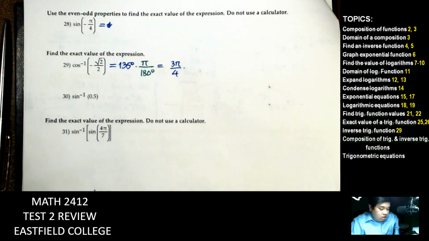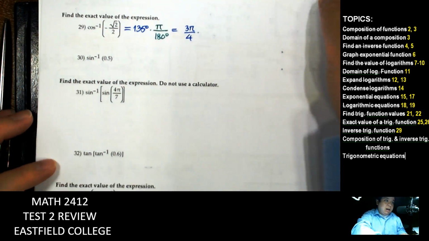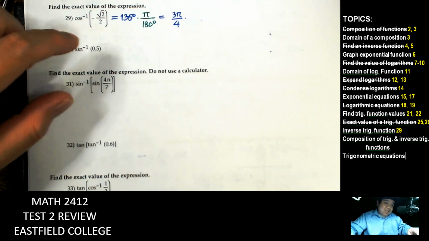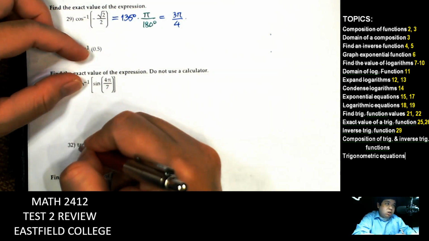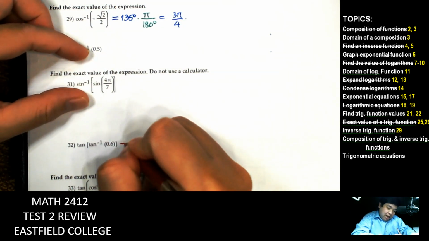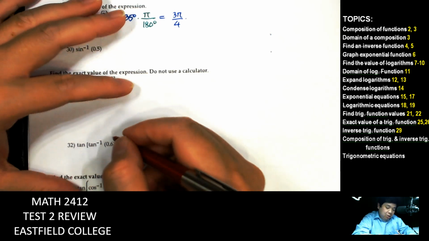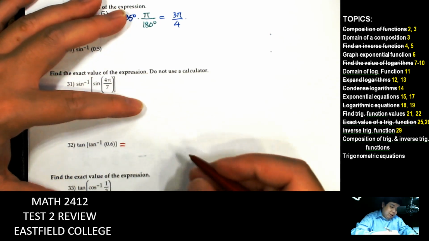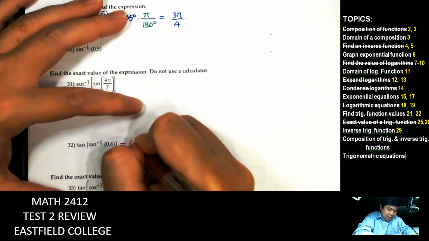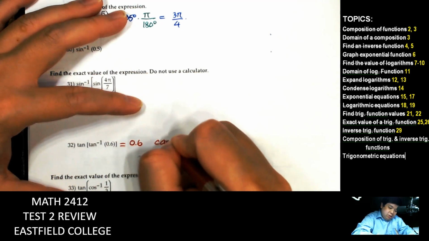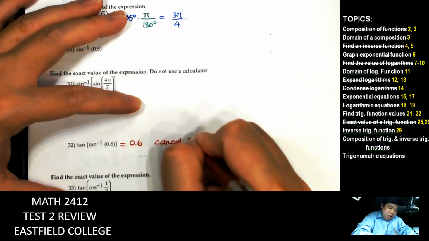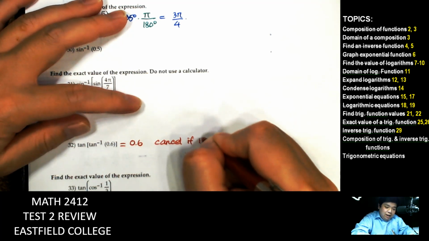Right. Next, the computation of the trig and the inverse trig function. This is very interesting. The easiest part is if we have the function and the function inverse, that will guarantee to cancel if it is defined. So I'll write first: cancel if it is defined.